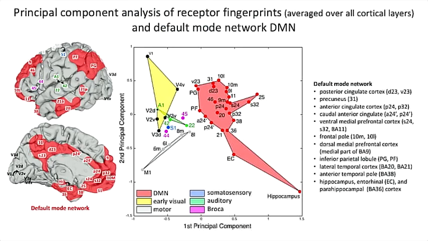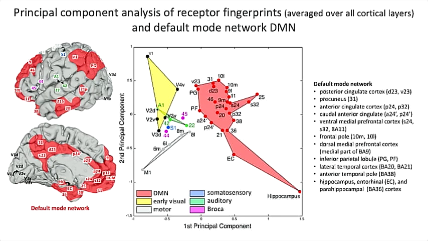That is a principal component analysis of the receptor fingerprints. So this study is multimodal because it's not a single receptor, it's the balance between all the receptors. And what you see in red are all areas which are classified as default mode areas.